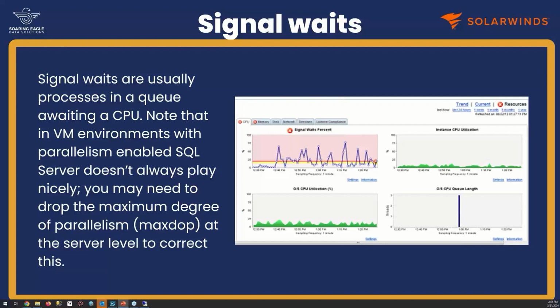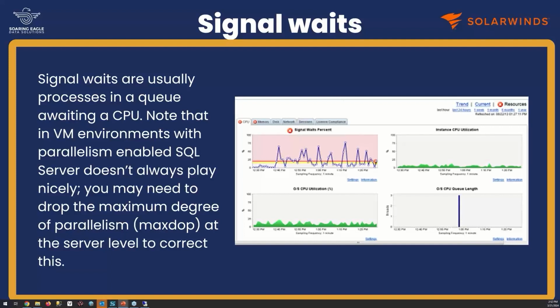The idea behind the signal waits is that if you're running a process in parallel, and SQL Server says, I want 8 cores, 8 threads to run, then it will wait until 8 threads become available. So if you're running any process which is hogging a thread, or threads aren't available, or particularly within VMware environments you can't get all the threads you're looking for, then you're going to get a wait.